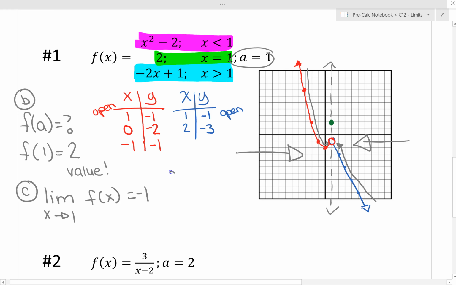Part D was wanting you to state whether or not they were equal. So when I plugged in my f of 1, that did not equal my limit as x approaches 1 of f of x. So therefore, the graph is discontinuous.